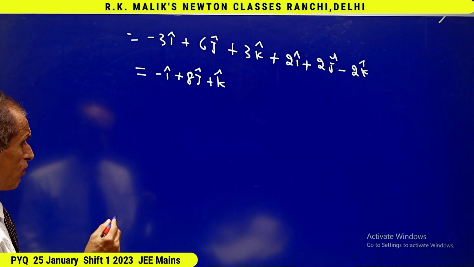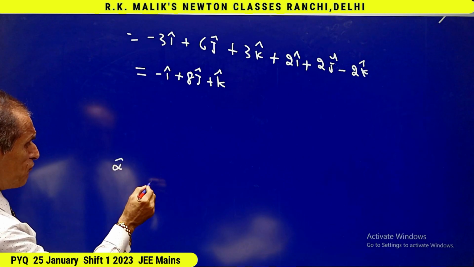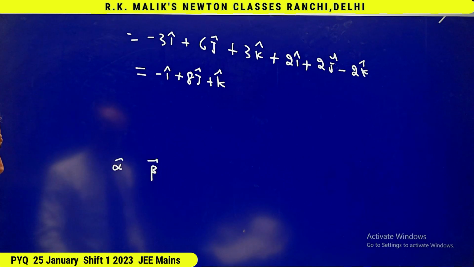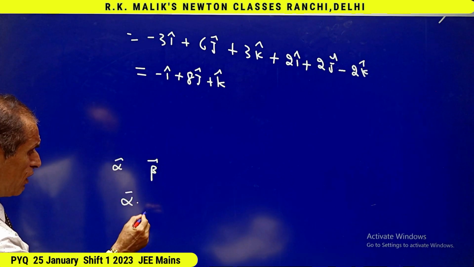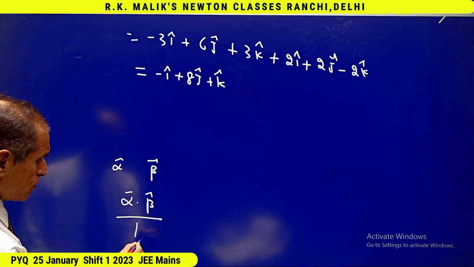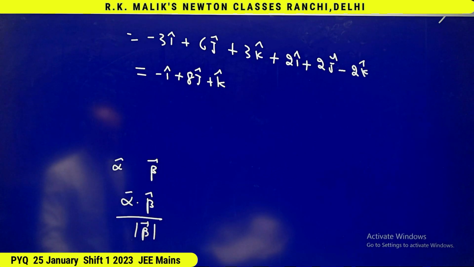And we know this formula also. If two vectors alpha and beta are given, the projection of alpha on beta is given by alpha dot beta upon mod beta. You must be knowing this formula.